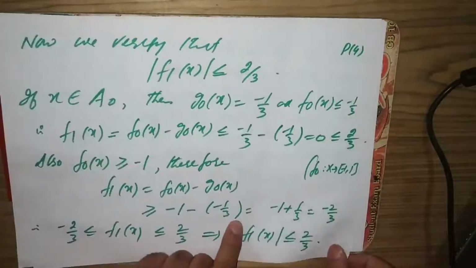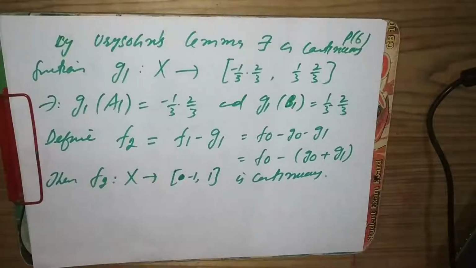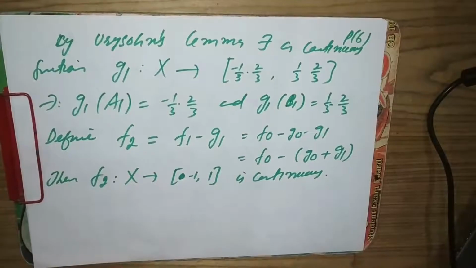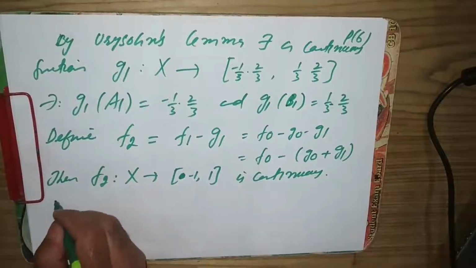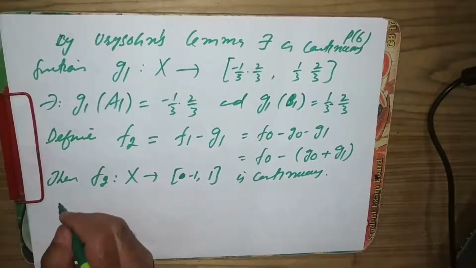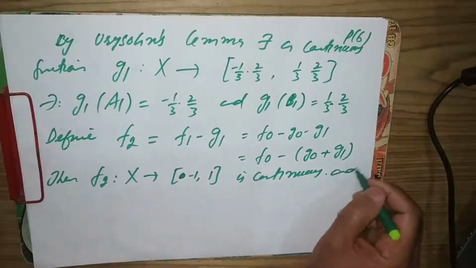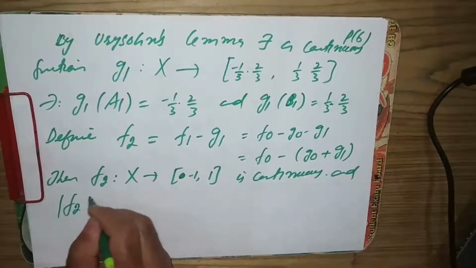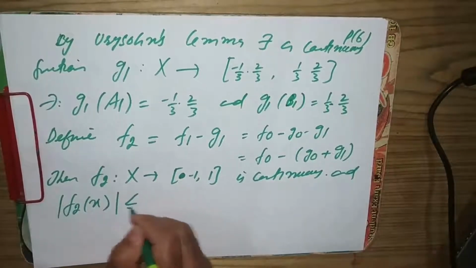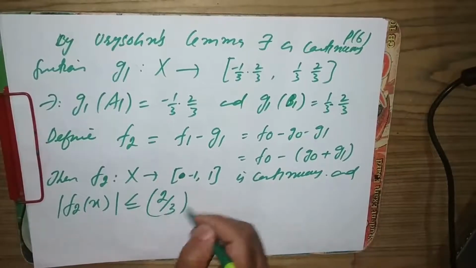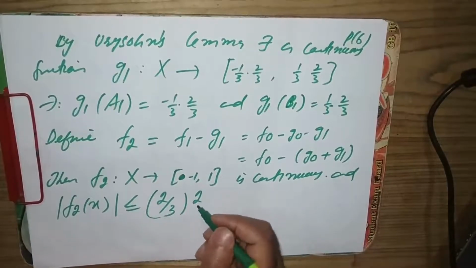Here we will show that mod of f2(x) is less or equal to 2 by 3 whole square.